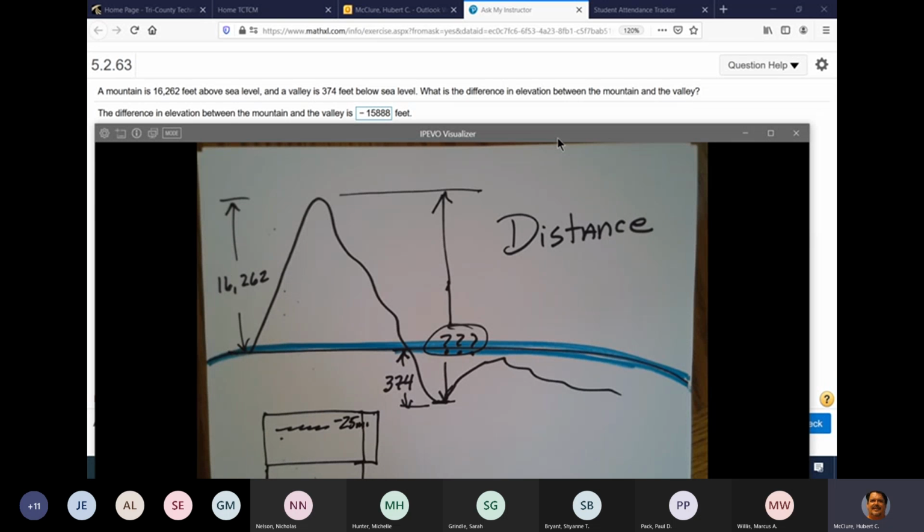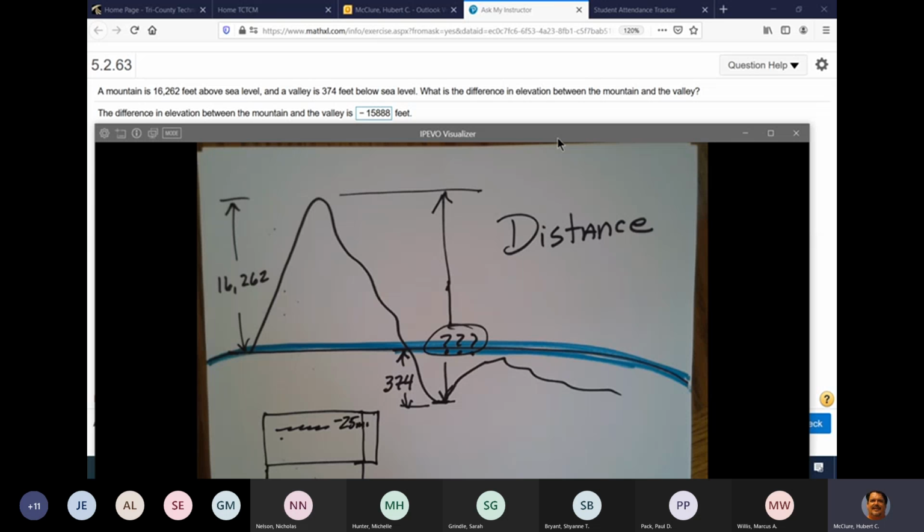Can anybody give me one of those? Can you give me a sign that says so-and-so, so-and-so, negative 25 miles, and so-and-so, so-and-so, negative 75 miles? Yes or no? You can't. Why?